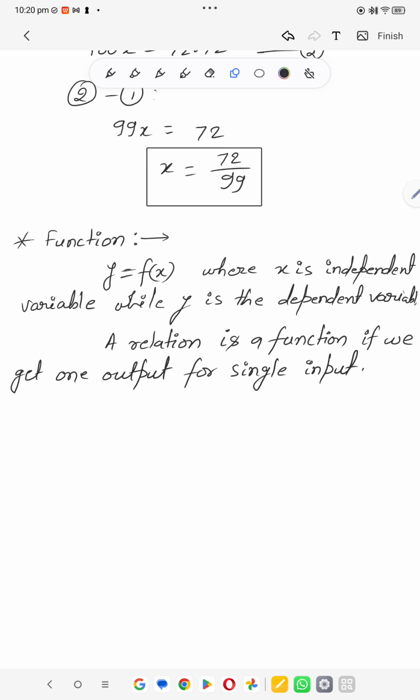It means if we give a single input to any relation, then it will be a function if it gives just a single output.